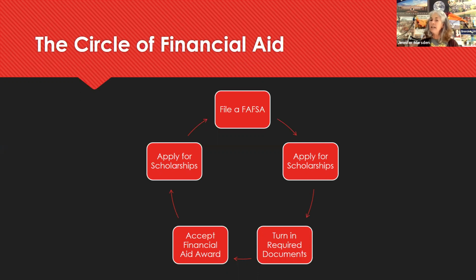Don't get frustrated. If they care enough about your kid's CSS profile, that means your kid is a good candidate for their school. They wouldn't be wasting staff time contacting you for more information if they weren't seriously considering your student as a candidate. So just keep that in mind as you frustratingly go to dig up that form.